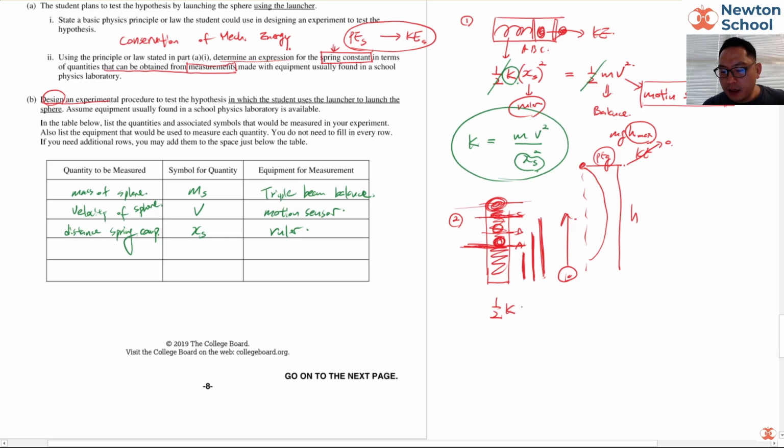Or you can say 1/2 k x squared equals mg, instead of writing h, you can say h max minus h initial, okay? H initial means you have to actually measure from the ground what was the initial level of the sphere, okay? Because this is basically displacement.